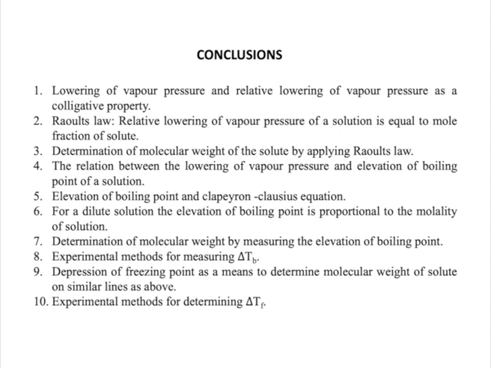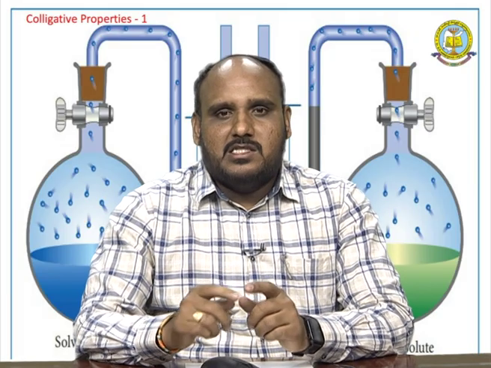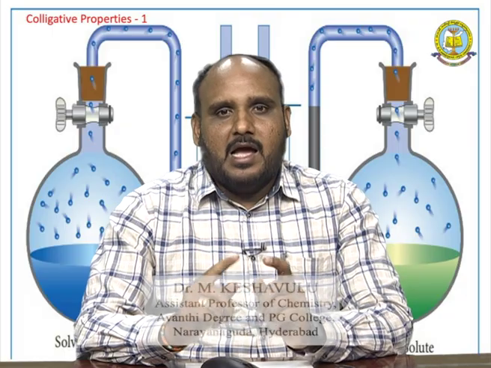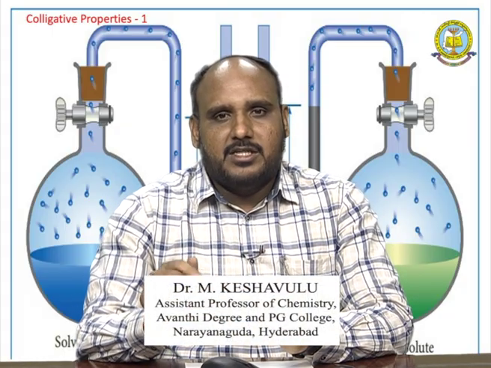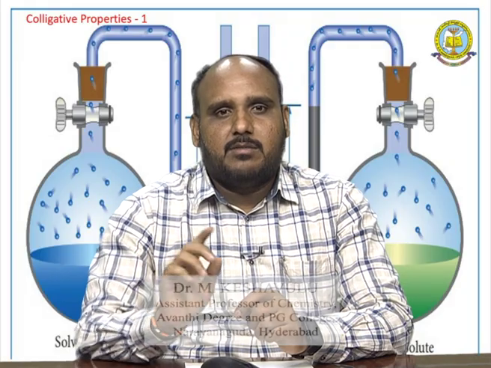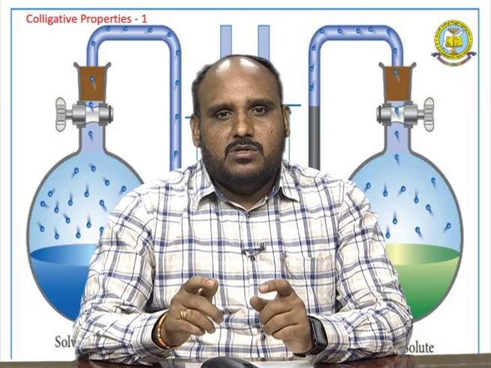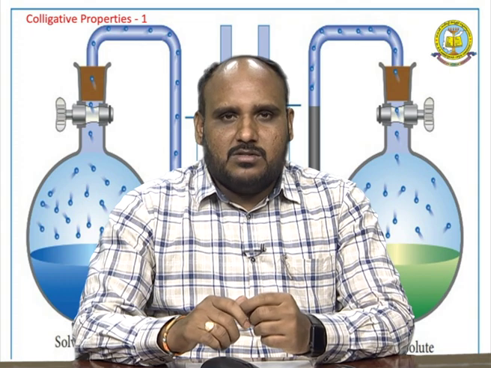Whenever we discuss the vapor pressure of liquids, how vapor pressure is related to temperature can be explained with the help of the Clapeyron-Clausius equation: ln P2 by P1 is equal to delta H vaporization by R, times 1 by T1 minus 1 by T2. The freezing point of the solution was also discussed.